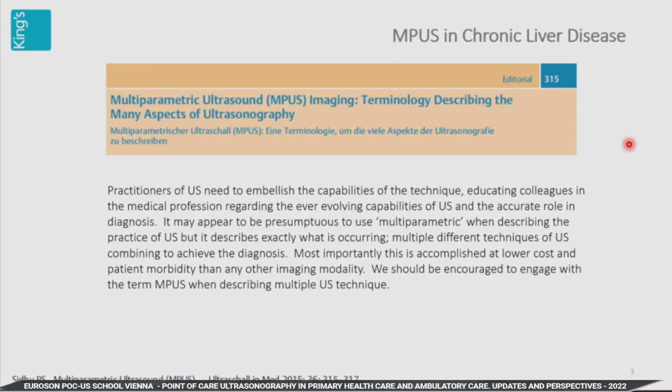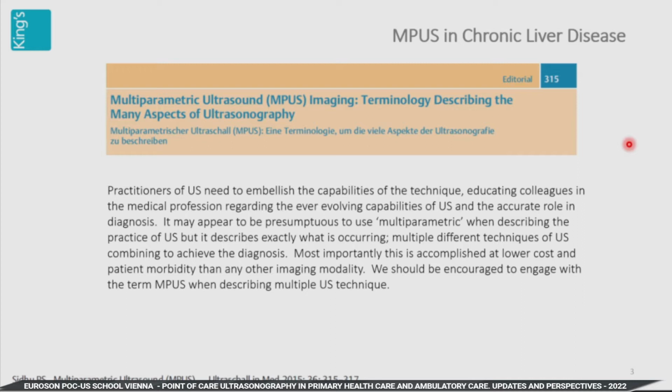A lot of the handheld machines or the ultrasound machines that are your iPhone or iPad can't possibly have all the software necessary for it, because it does require quite a bit of technical know-how to use it. But certainly all of your machines that you have in your clinics will have the multiparametric imaging available.